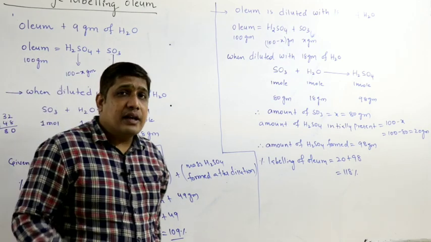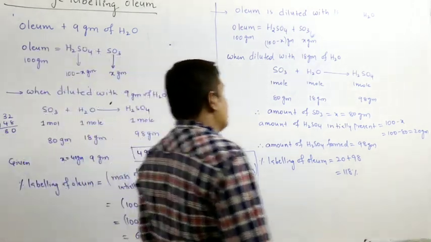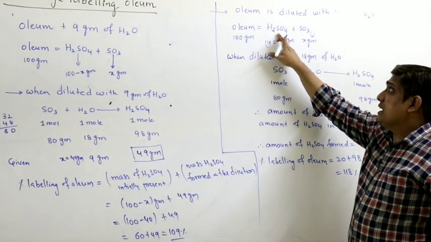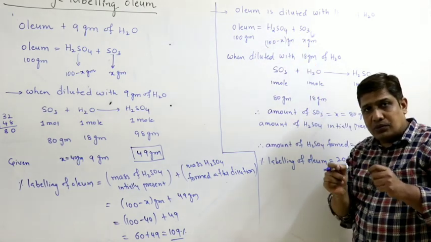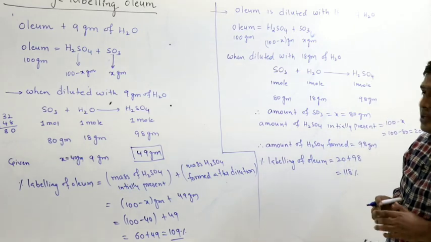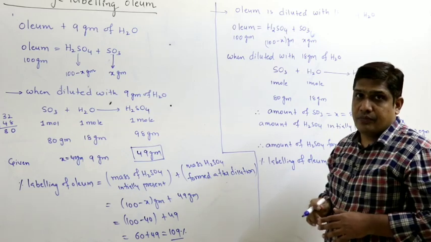So what is the maximum percentage labeling of oleum? That depends upon the amount of SO3. First, what is oleum? It is a mixture of H2SO4 and SO3. Both must be present. So to determine the percentage labeling, we always take 100 grams of oleum.